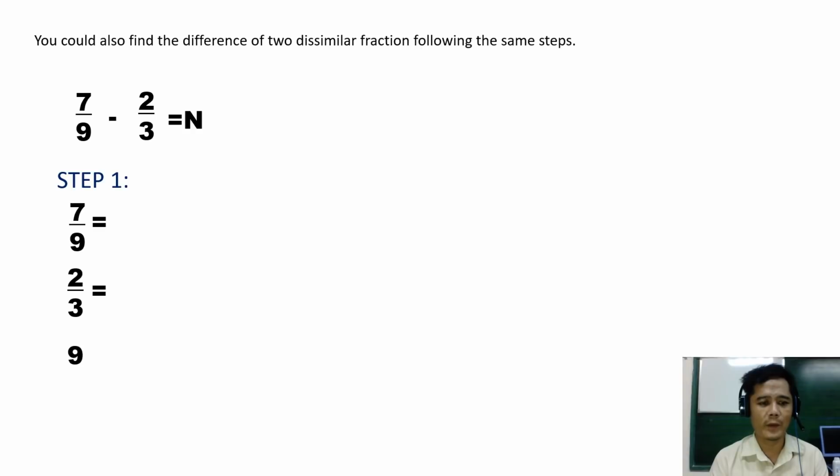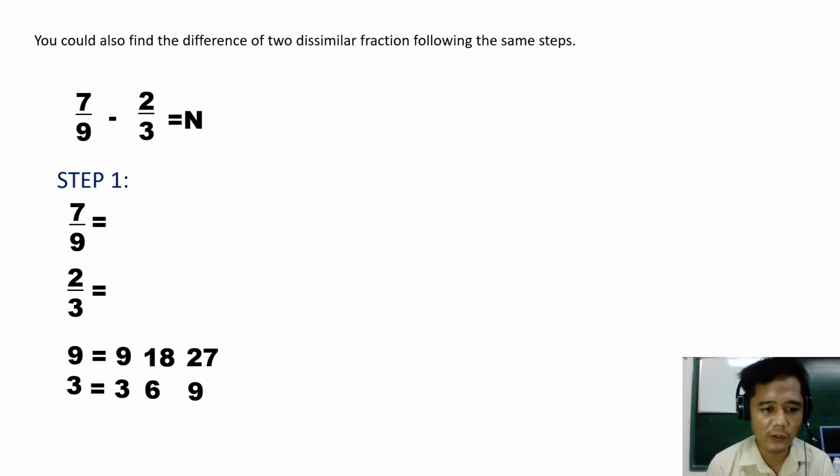So, listing method pa rin ang susundin ko. 9, 18, 27, and 3, 6, 9. So, yun na po. Meron na po silang pagkakaparehas, yung 9. So, 9 is the LCD of 9 and 3.